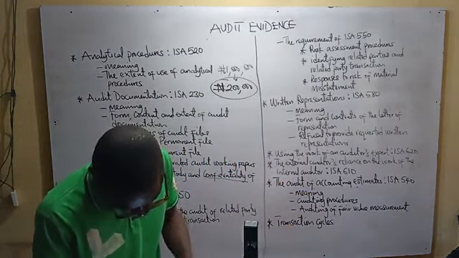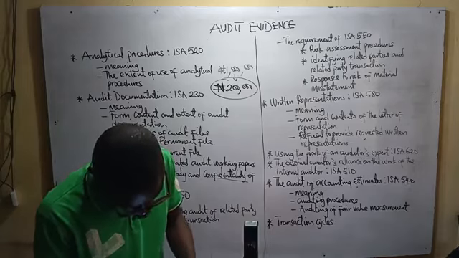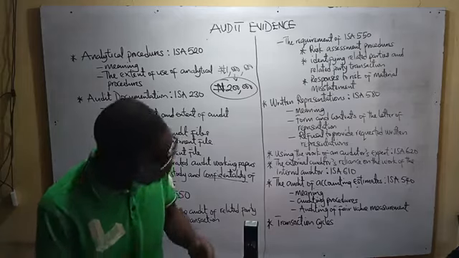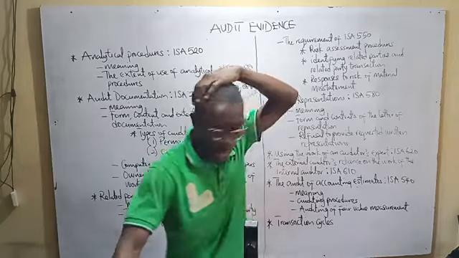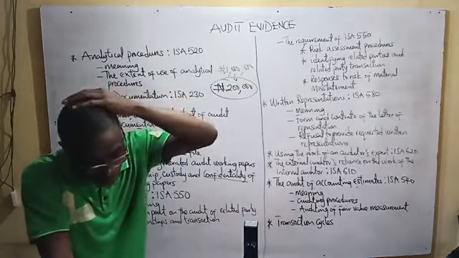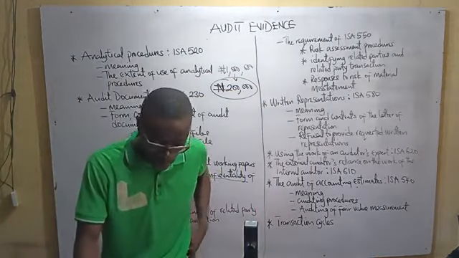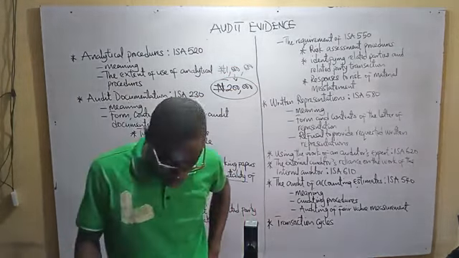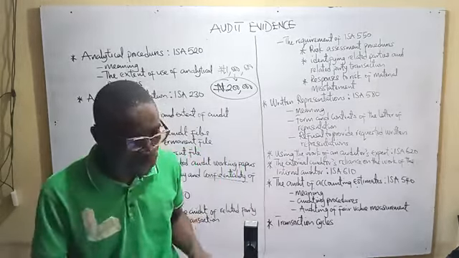So let's move to what we mean by estimates now. Let's see how International Standard on Auditing 540 defines an estimate. It defines an estimate as an approximation of a monetary amount in the absence of a precise means of measurement.